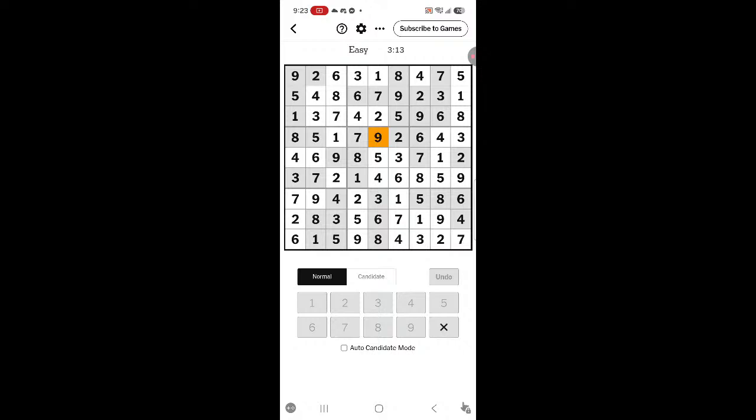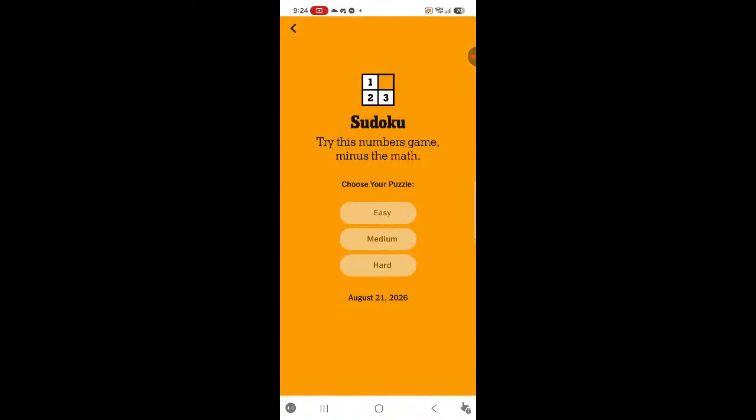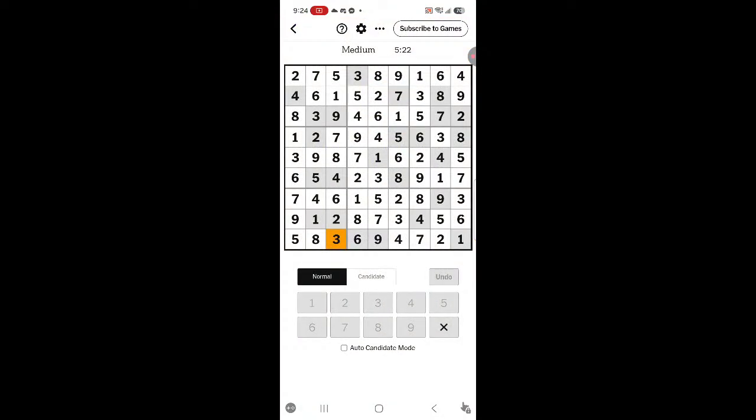Like with candidate, it's so freaking ugh, and with normal, it's fine. I can just do it. But with medium on candidate, it puts more effort. Or with medium on normal, no, auto candidate is harder.